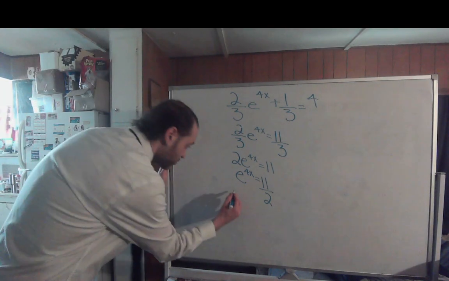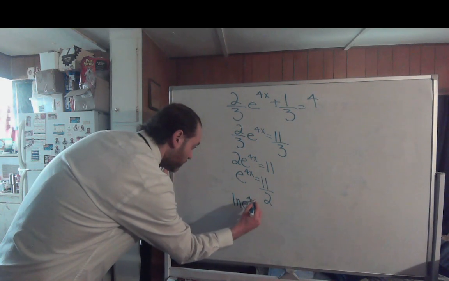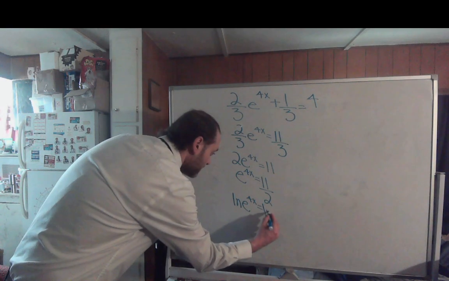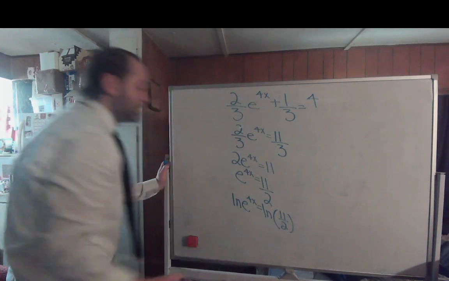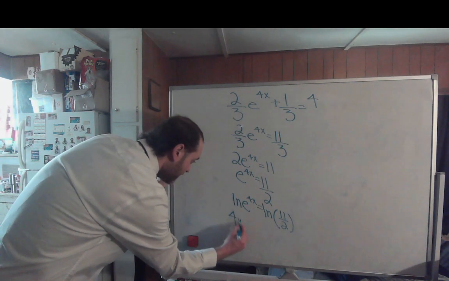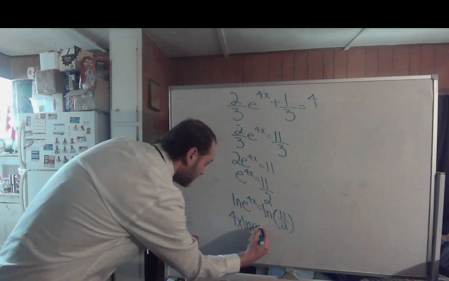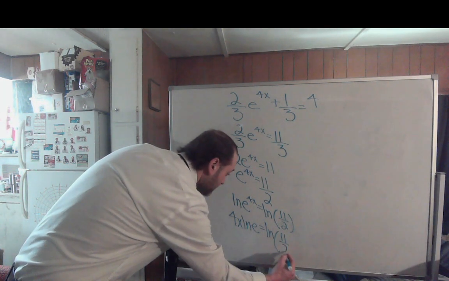So take the natural log of both sides. The ln of e to the 4x would equal the ln of 11/2. So then you have a power rule on the left, that'll turn into 4x times the ln of e equals the ln of 11/2.